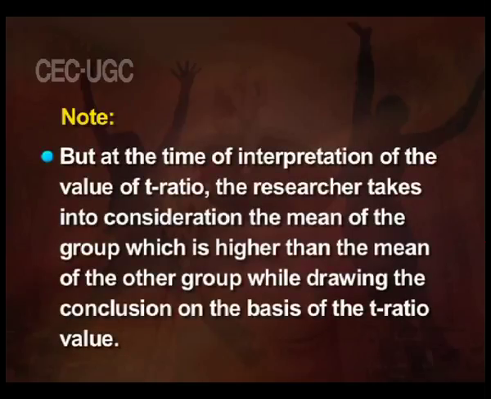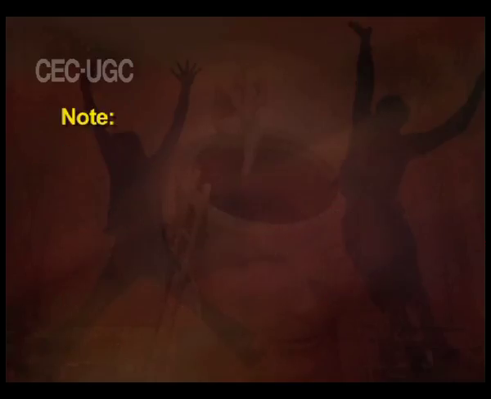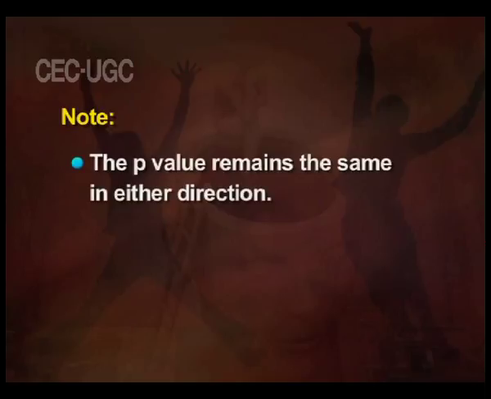But at the time of interpretation of the value of t ratio, the researcher takes into consideration the mean of the group which is higher than the mean of the other group, while drawing the conclusion on the basis of the t ratio value. The p-value remains the same in either direction.